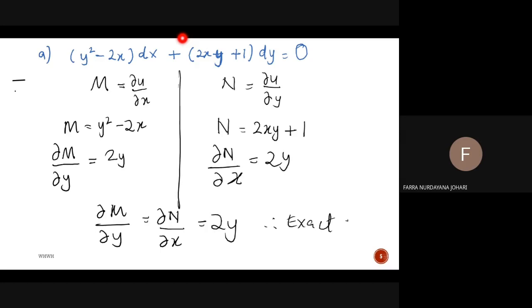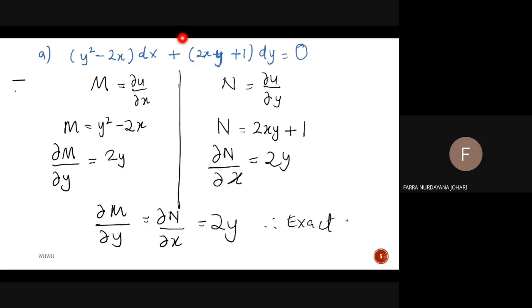The second learning outcome for today is how to do the test of exactness. You have proven del M over del y equals del N over del x, here 2y, so yes, this differential equation is exact. If it is exact, we can proceed with the rest of the steps to find the solution for this ordinary differential equation.